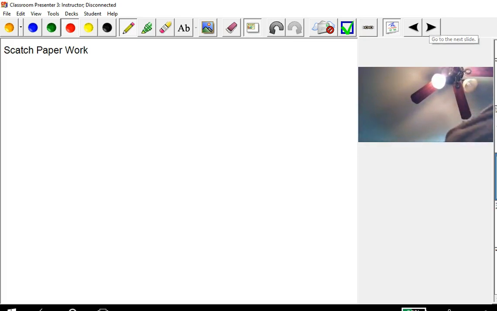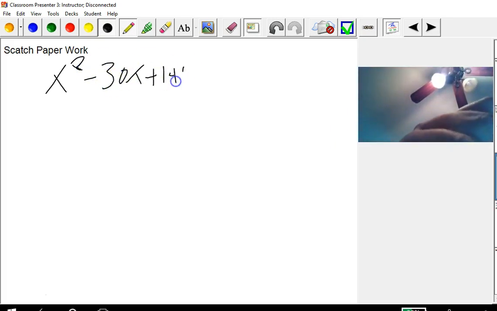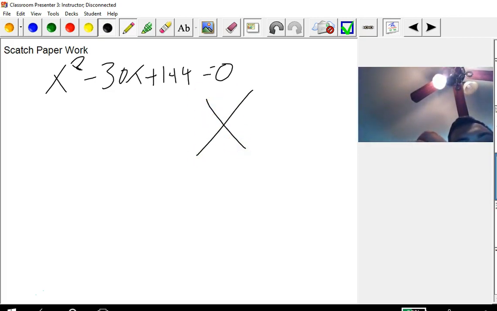So we have x squared minus 30x plus 144 equals 0. Now, I usually use one method of factoring. That's the diamond method, I believe, is what it's called.